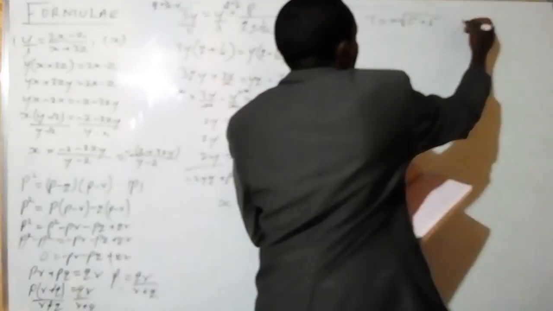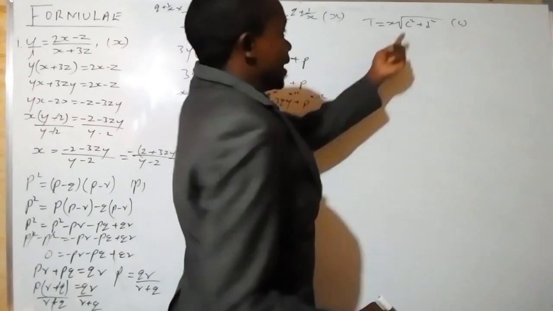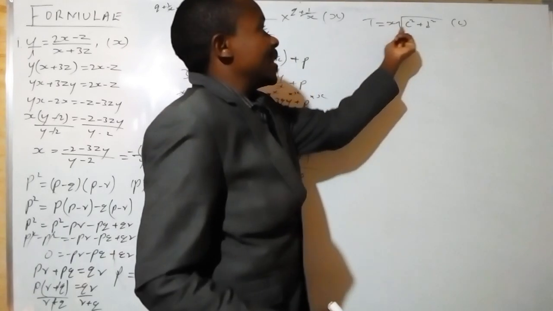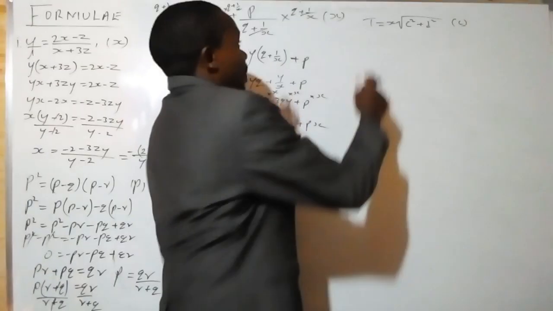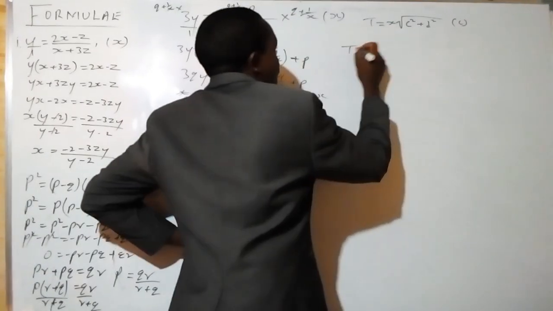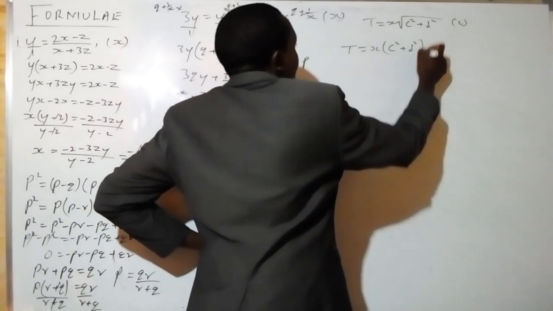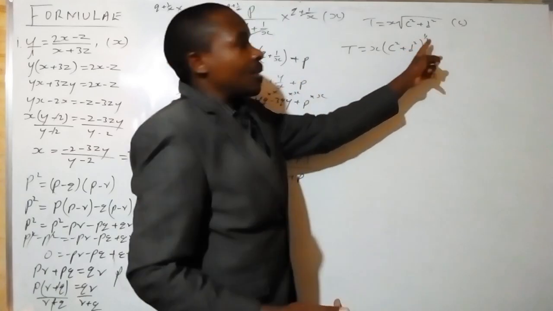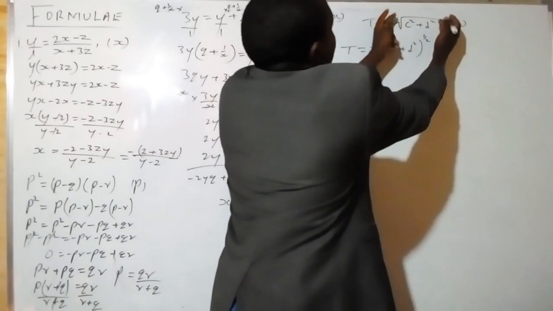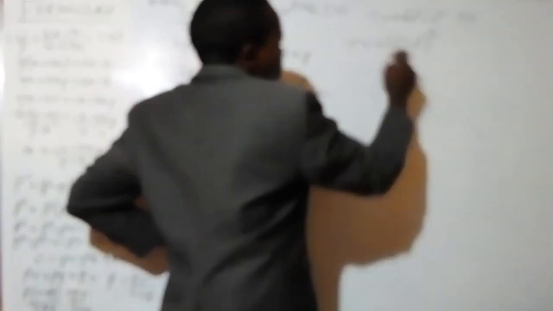Since our c is in the square root, we are going to write our equation in this way: t is equals to x, open the bracket, c squared plus d squared is raised by half. Raised by half means square root. The whole of this and root c squared plus d squared means the same. To open the bracket, you are going to square throughout.